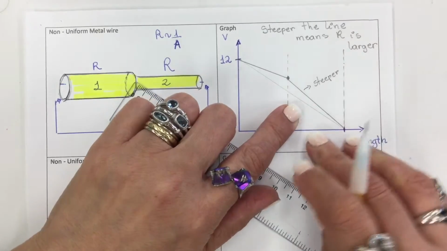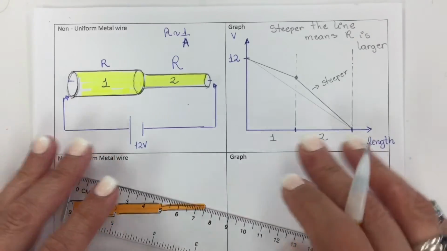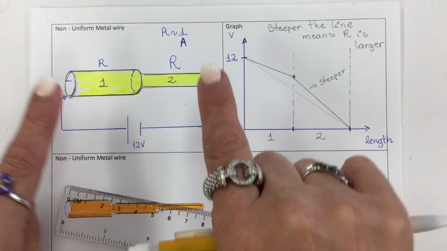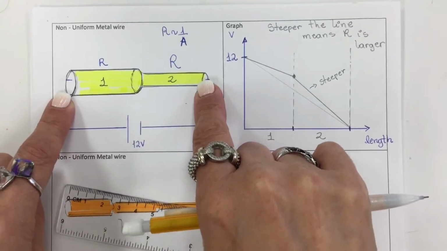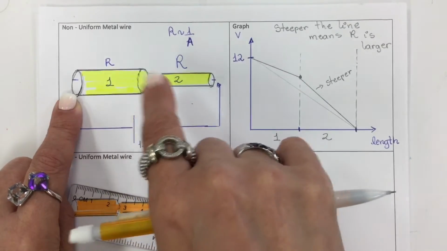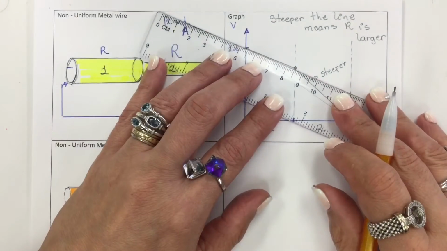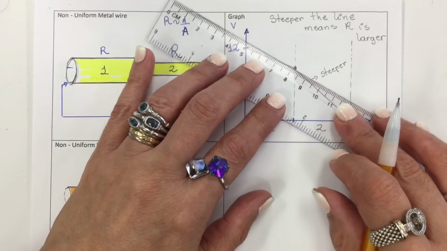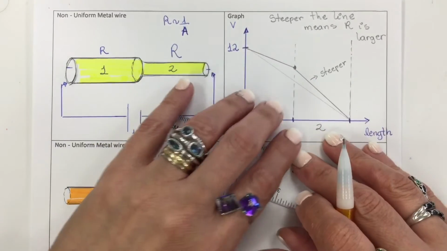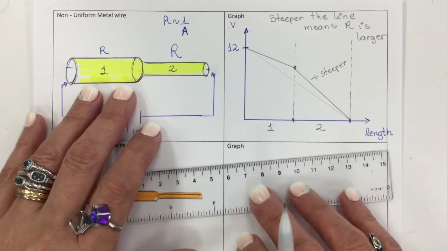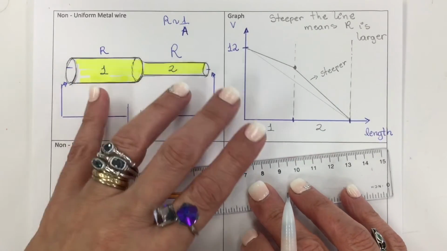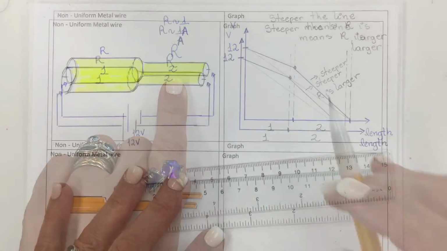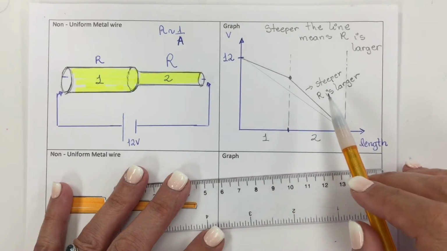And that way I can represent graphically how the voltage over length graph is translated for this type of non-uniform wire. Comparing those lines, this one is steeper than this one, which represents how the resistance of this wire changes with the cross-sectional area. Then you may be thinking, what does resistance have to do with length?